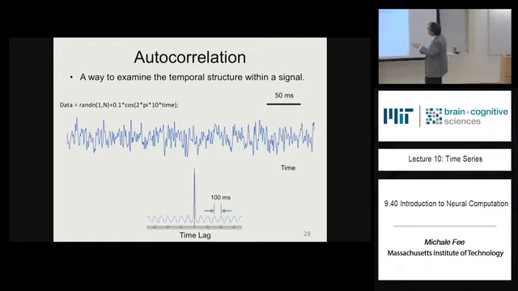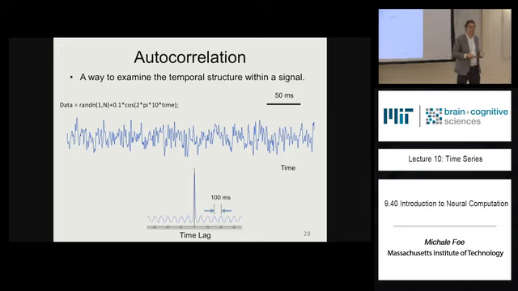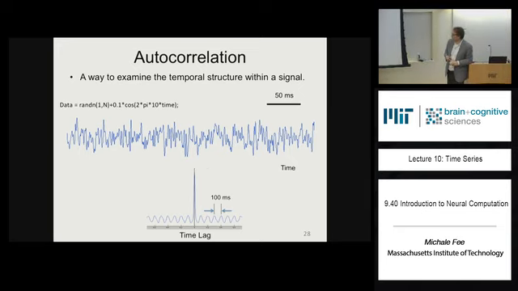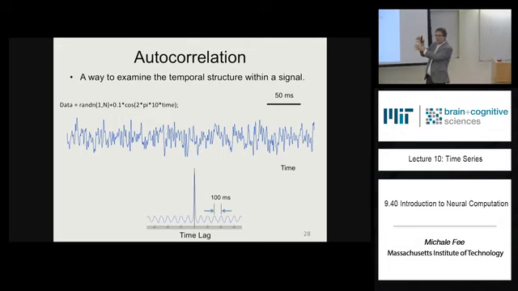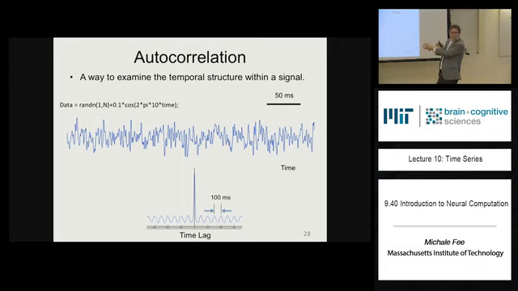So you can't see that in the data, but if you do the autocorrelation, all of a sudden you can see that it's buried in there. Okay, so cross-correlation is a way to extract the temporal relation between different signals. Autocorrelation is a way to use the same method, essentially, to extract the temporal relation between a signal and itself at different times.